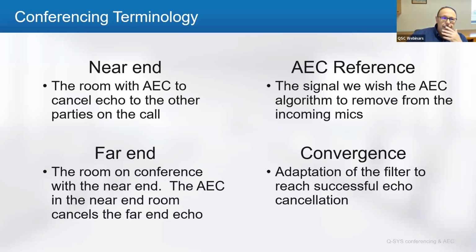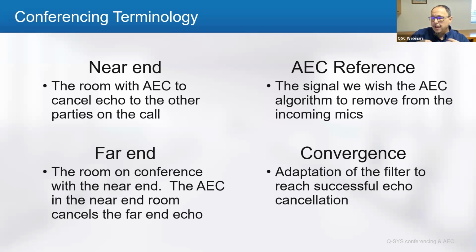So some terminology, like we said back at the very beginning. The near end is the room with the AEC to cancel echo going to the other parties on the call. The far end is the room on the conference with the near end. And that could be multiple far ends, right?